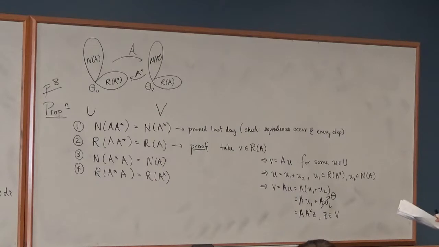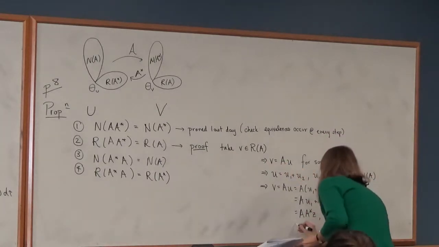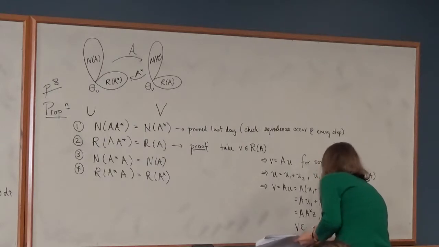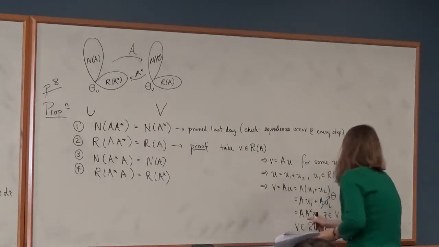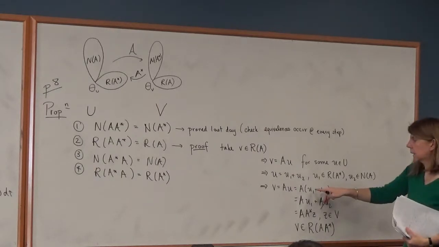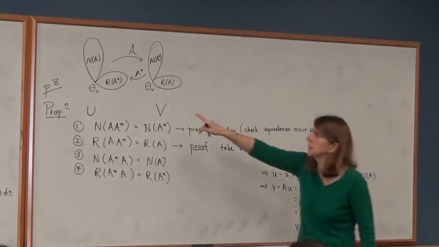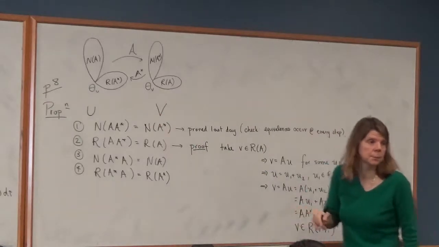So if we started out in the range of A, that vector V is also in the range of A star, because I can write it as A star Z for some vector Z in the space V. Okay, so that's a useful trick. We haven't really seen this technique directly in this class, but it comes from the ability to do that decomposition.